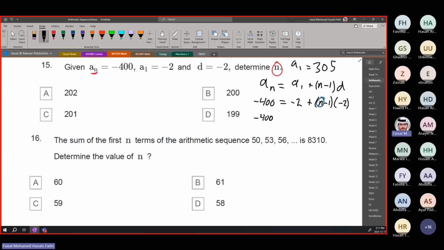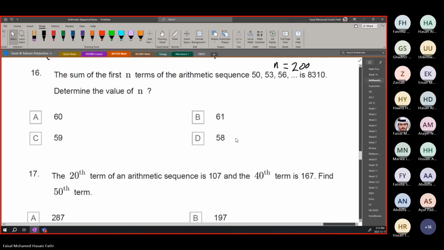Simplify. Minus 400 plus 2 is equal to minus 2n plus 2. Again, I'm not going to go directly into the algebra. n is equal to, at the end, minus 400 divided by minus 2, which is 200. So it's the 200th term. This is your answer B.